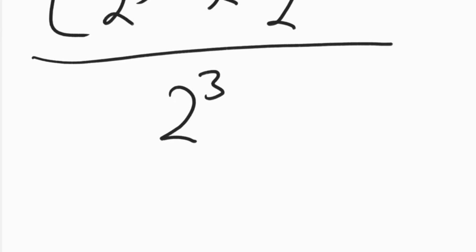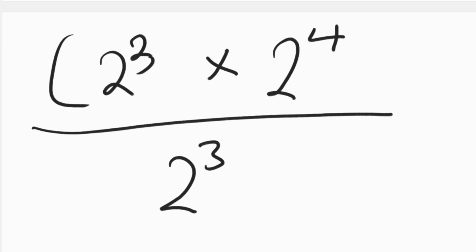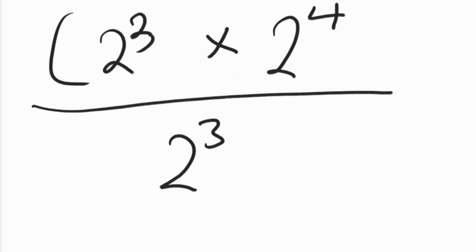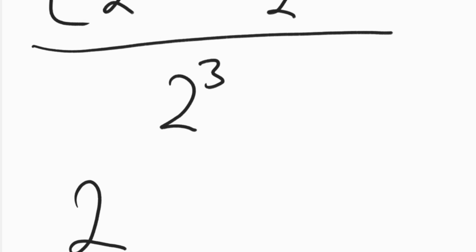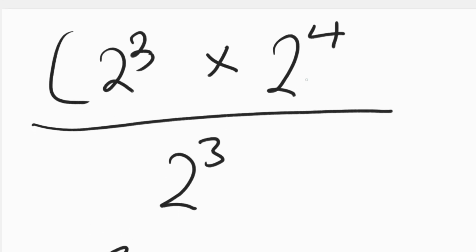Right here, we can see something common. What's common among them? We have 2 all over, right? This multiplication sign is going to change to an addition sign, because that's what the law of indices says. So we're going to have 2 to the third power. Because it's the same base, we're just going to take one of the bases and add the powers.